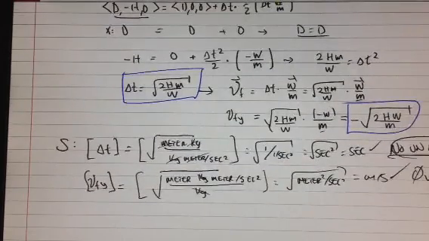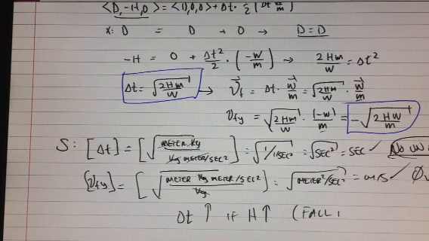Now the behaviors. Look at the expressions here. Delta t increases if h increases. So if you fall farther, it takes more time. Which is good.